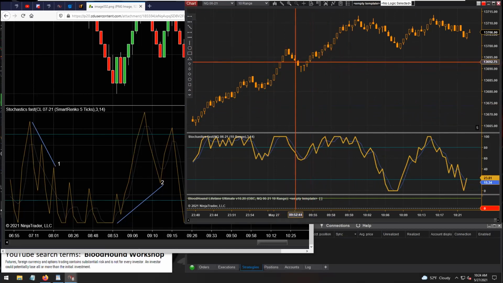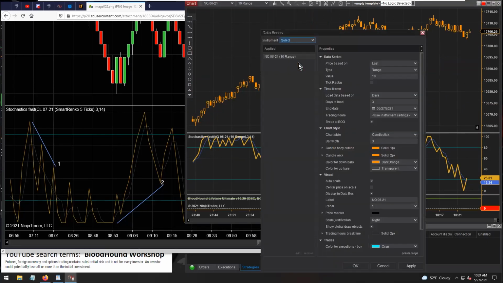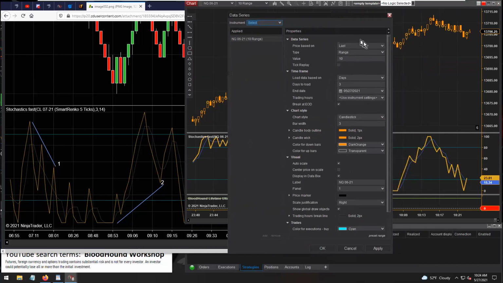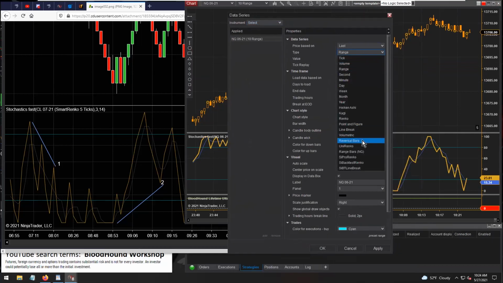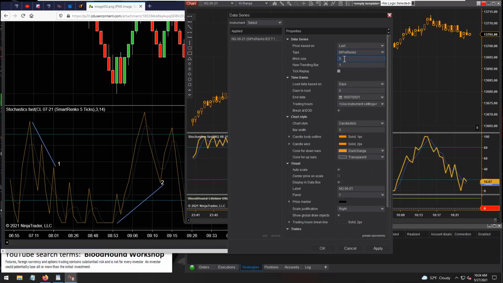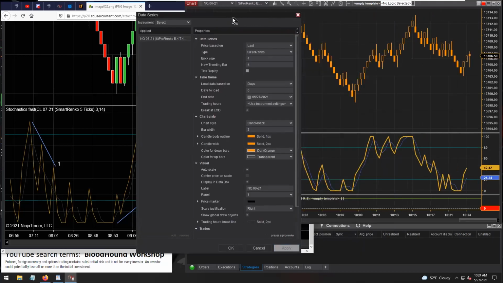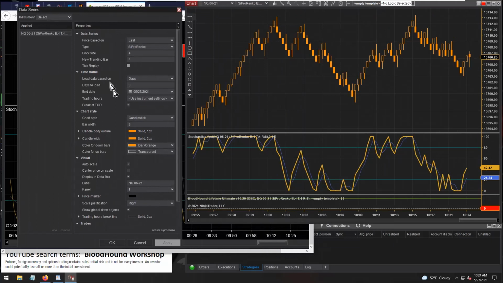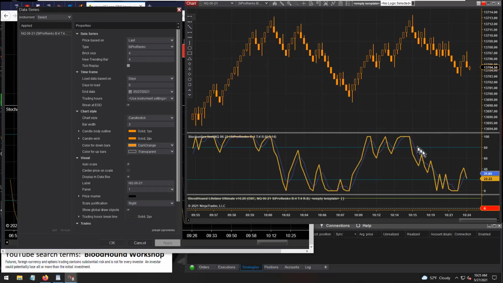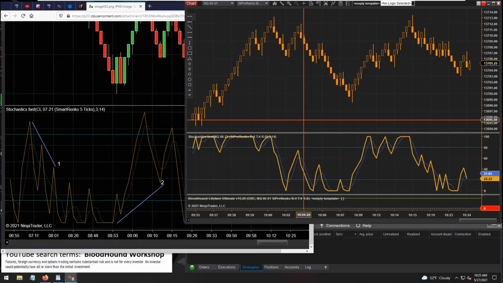Well, actually, that's a Renko. So let me switch over to a Renko chart. There we go. That looks a lot more like the screenshot. I'm looking at the stochastics and the high points. Now we can see the high point stepping down nice and cleanly. We'll leave it right there.